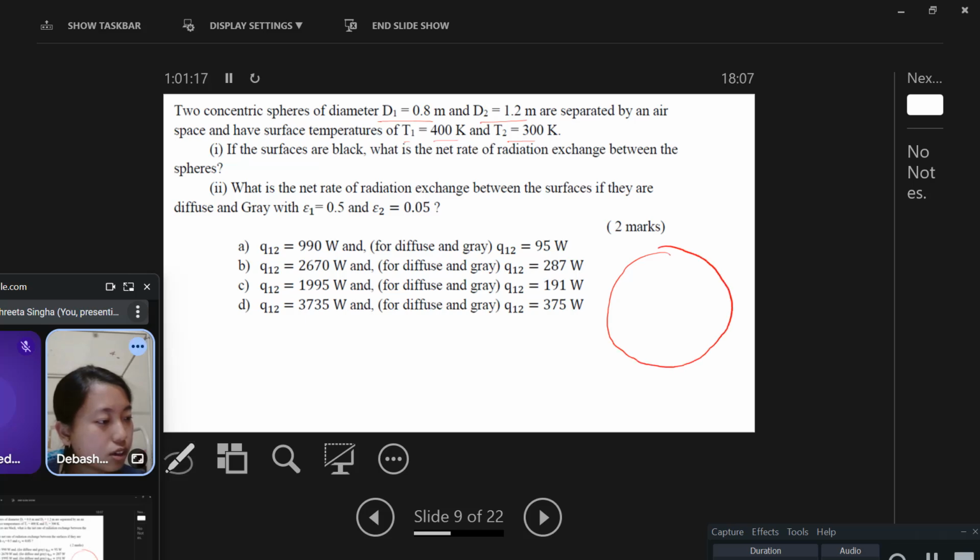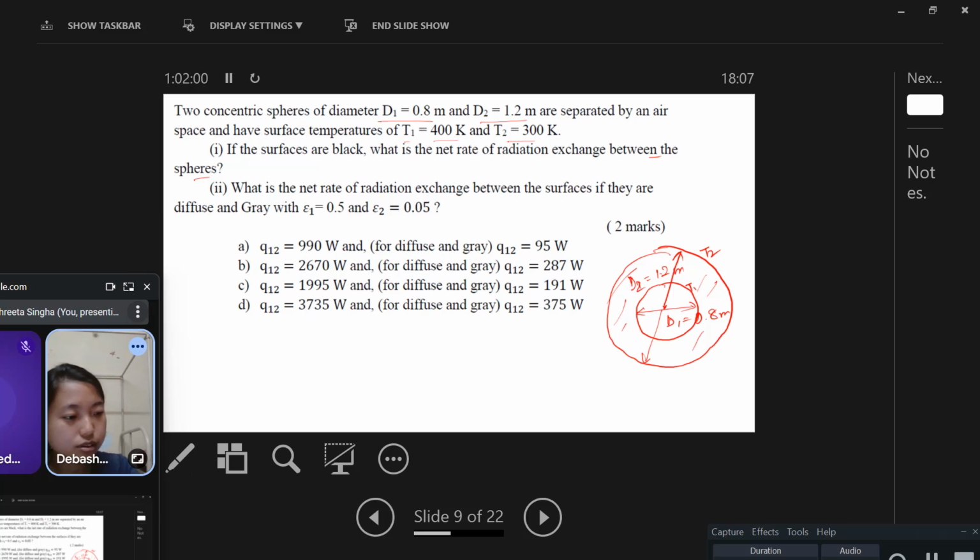The bigger circle is D2, and the smaller circle is D1 equal to 0.8 meter, separated by air, and have surface temperatures T1 and T2, 400 and 300. If the surfaces are black, what is the net rate of radiation exchange between the spheres?